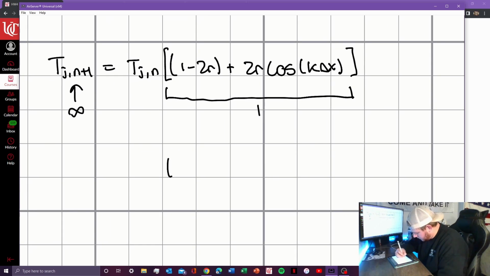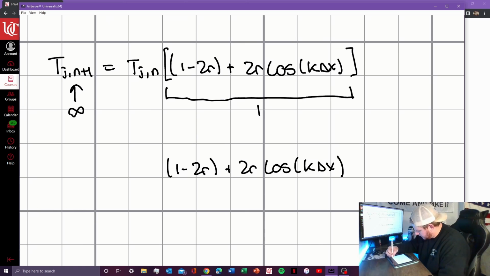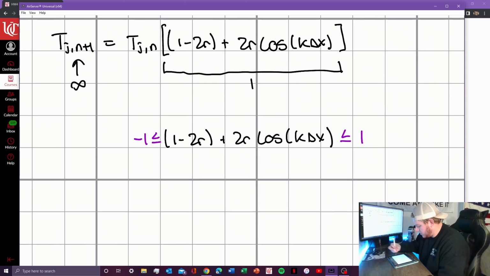This is 1 minus 2r plus 2r cosine k delta x. And this has to be less than or equal to 1 and greater than or equal to negative 1. And now we can subtract 1 from both sides, so we have something that looks like this.